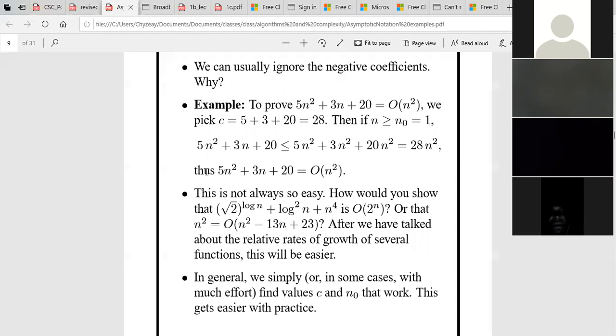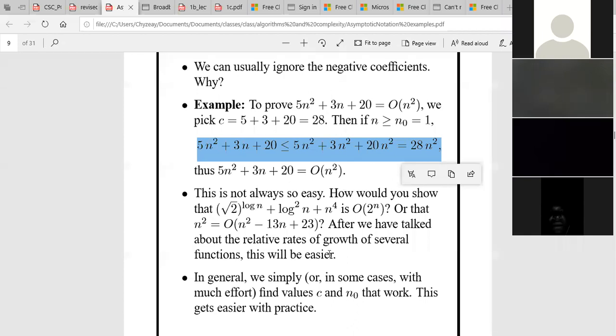So therefore, what we have is that all of this expression is bounded by this, because we have been able to show that 5n raised to power 2 plus 3n plus 20 is less than or equal to 5n raised to power 2 plus 3n raised to power 2 plus 20 raised to power 2.